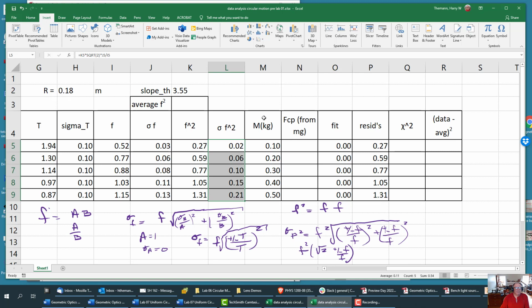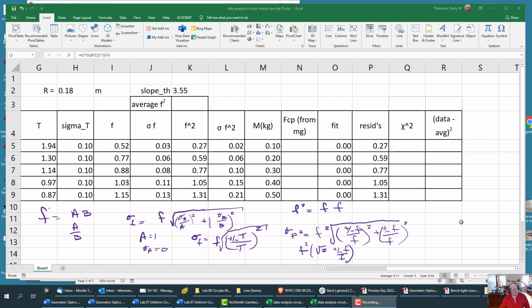Okay. So we have a mass, and so something is not, oh yeah. So we are going to use different masses. At least that's what it says here. Let me pause this. Okay, now I remember.